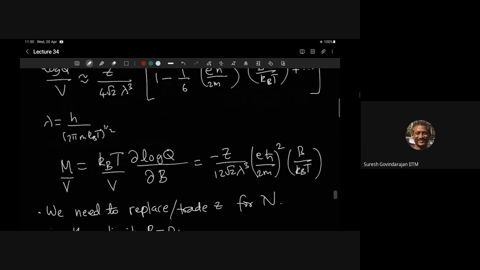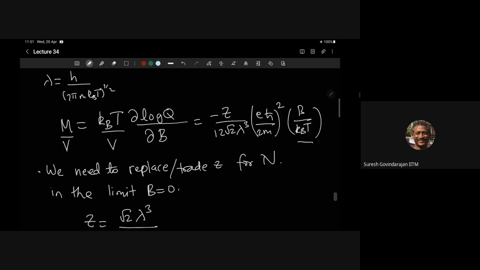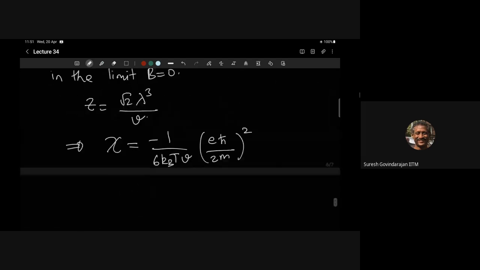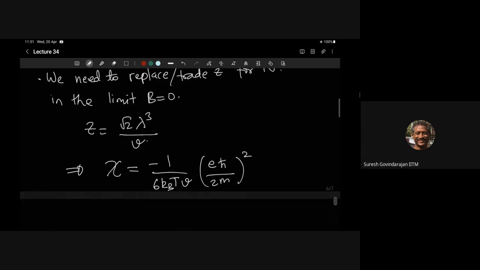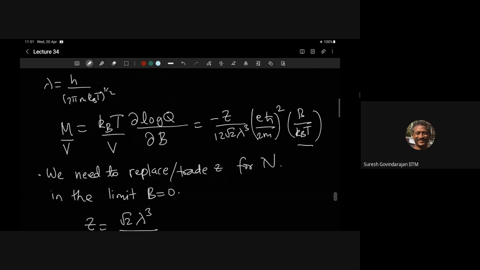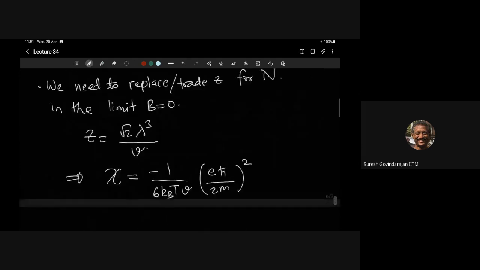We can already see the 1 by T here. Just putting all the factors, you can see the 2 e h bar by 2m, etc. There are these 12 root 2 I have here, and so that's what I'm saying, I need to fix.